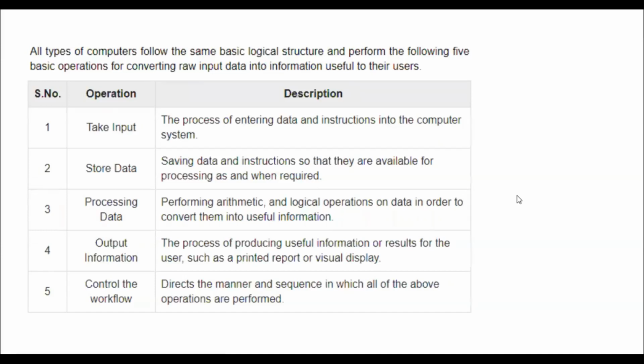It means the process of entering data and instructions into the computer system. Then second operation, we have store data, saving data and instructions so that they are available for processing as and when required.